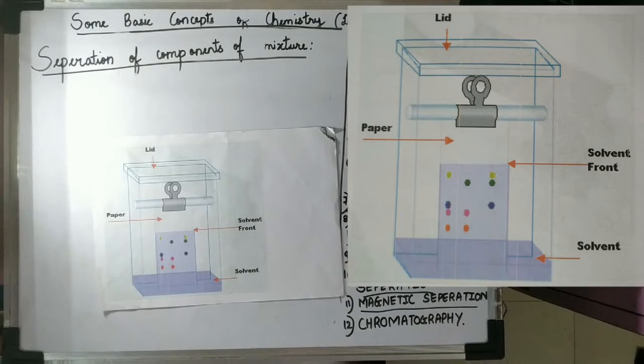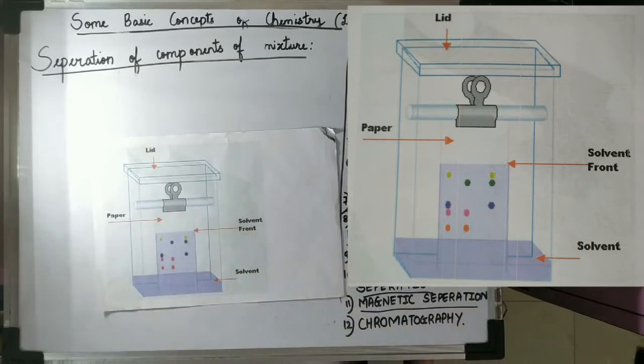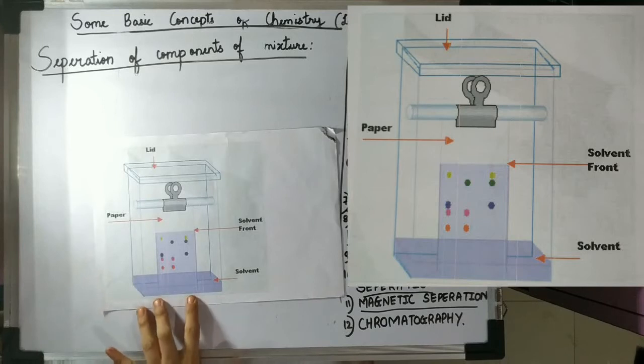Here we have a mixture of the four substances. We are spotting them on an inert material on this paper. This can be a paper, a film, or a glass. Now we are immersing this paper inside the solvent. There is an inert solid material present.